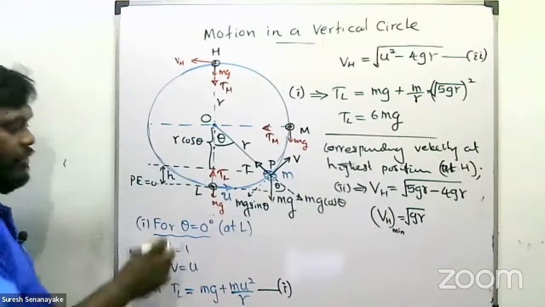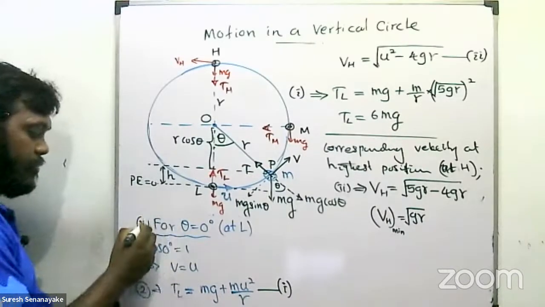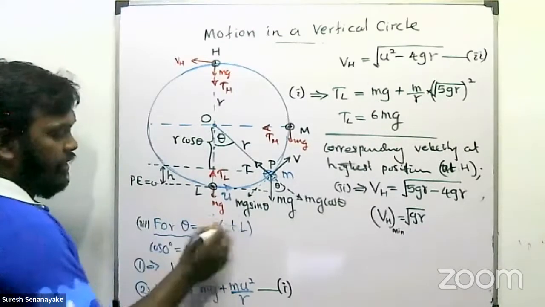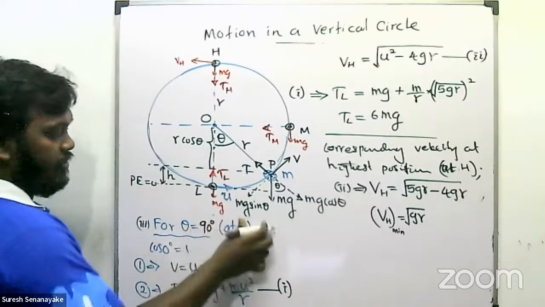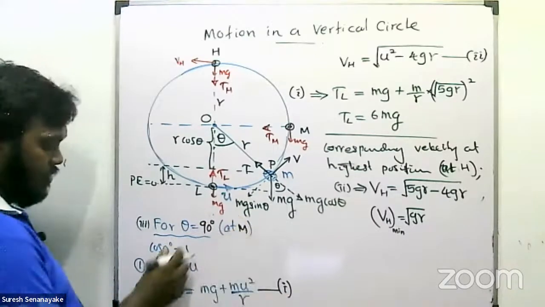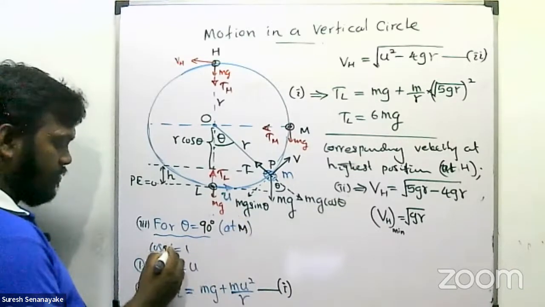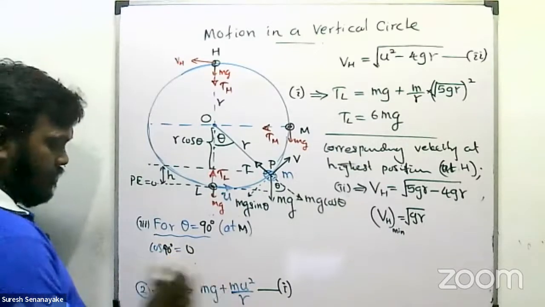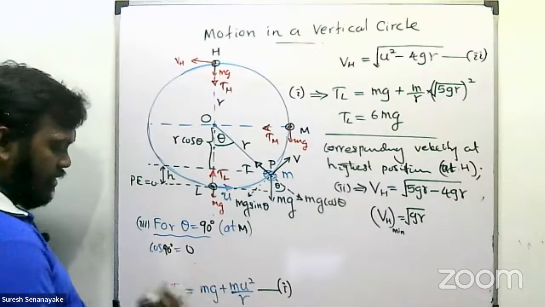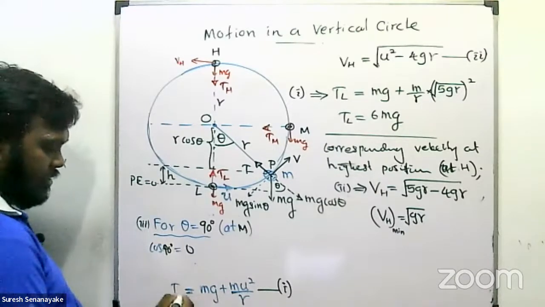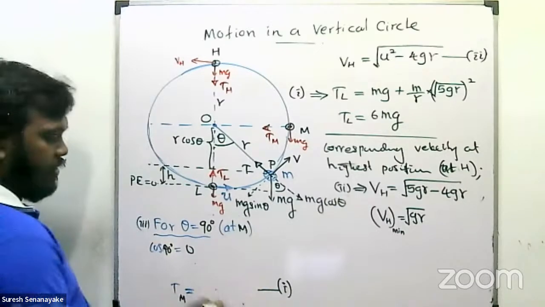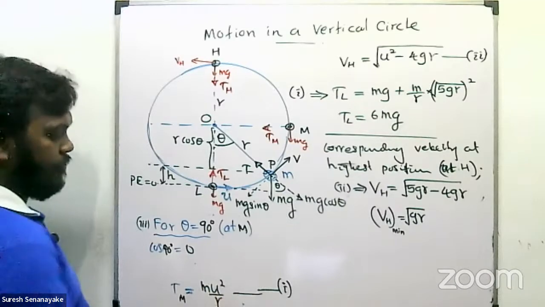Then I will write another one for the third case, that's for theta equals 90 degrees. Then cos 90 equals 0. In this second equation, write T, the tension in this case is Tm. The mg cos theta term is 0. So this equals m v square over r only.